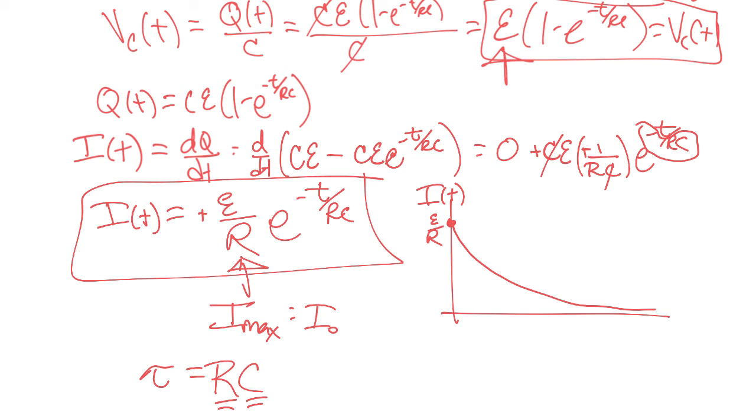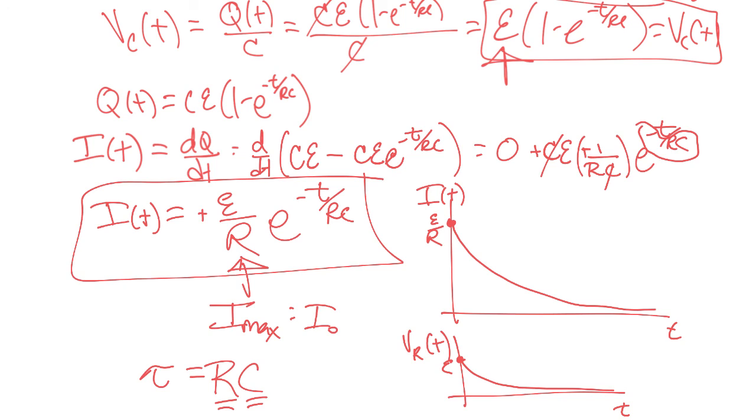So if this is the current, then there's one other graph that you might be interested in, and that's VR, the voltage across the resistor, which is proportional to the current. And then that maximum voltage is going to be that EMF.